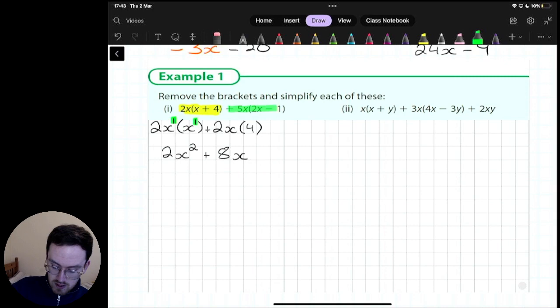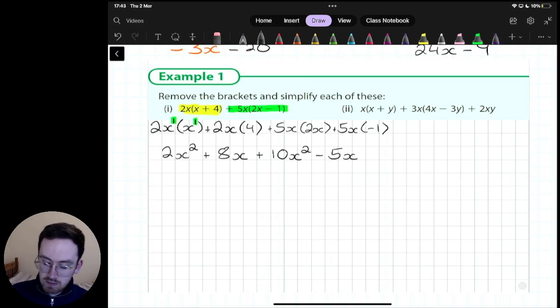Then looking at the green part here, splitting that up, we get 5x multiplied by 2x plus 5x multiplied by minus 1. Okay, and doing that out, then we get 10x squared minus 5x. So at this point, multiplying out something like this should be fairly straightforward for you.